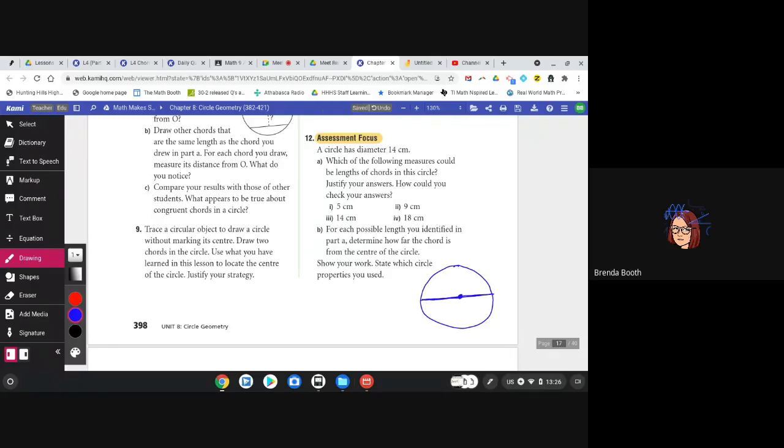So think about all the other chords that you could put in here. Let's say that chord, that one, that one. Guys, what do we know about the diameter compared to all of these other chords? What does your gut, your common sense tell you?